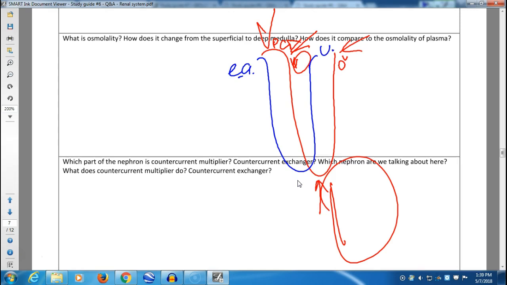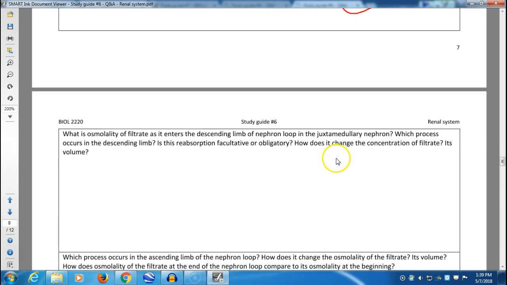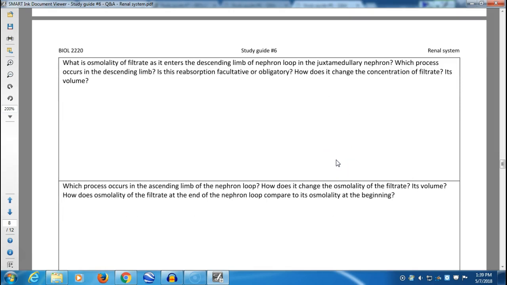How does the volume of the blood change in vasa recta as it approaches the vein? It increases because it picks up water and sodium chloride that comes from the countercurrent multiplier, from the loop. Are we clear? So the countercurrent multiplier, what does it do? It reabsorbs the water and sodium chloride. The countercurrent exchanger picks up that stuff. So that's what we just discussed.